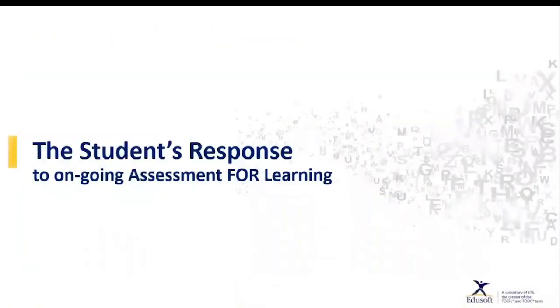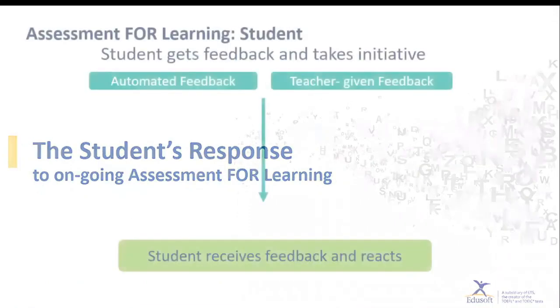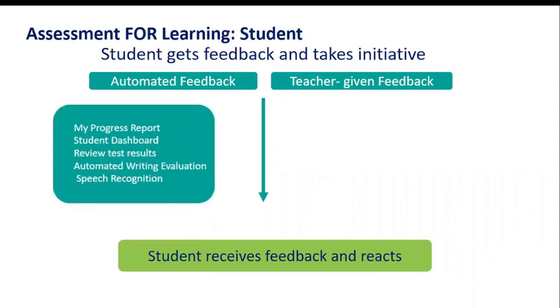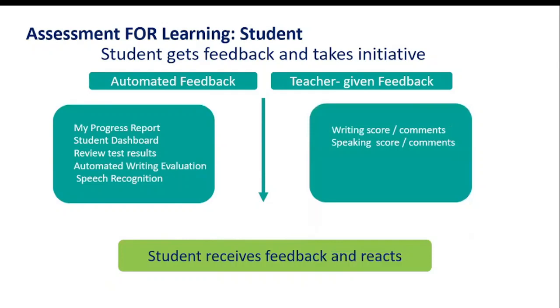Students are assessed and receive feedback as well. What are their options? Let's have a look. So students get automated feedback from the online program. Okay. Students get feedback from the teacher. So students get feedback from the program and from the teacher.